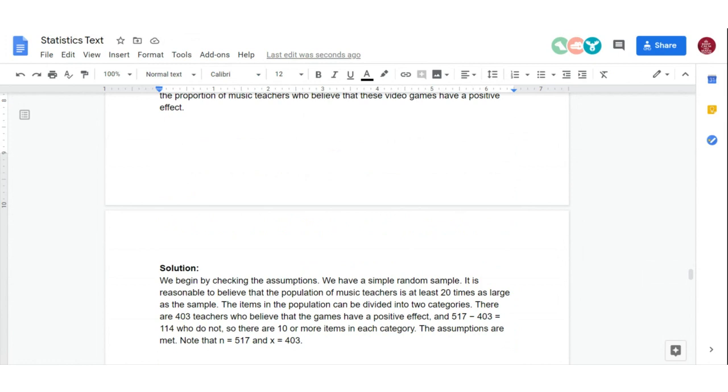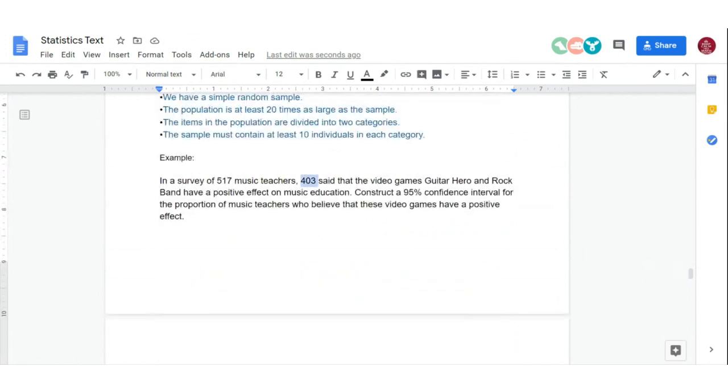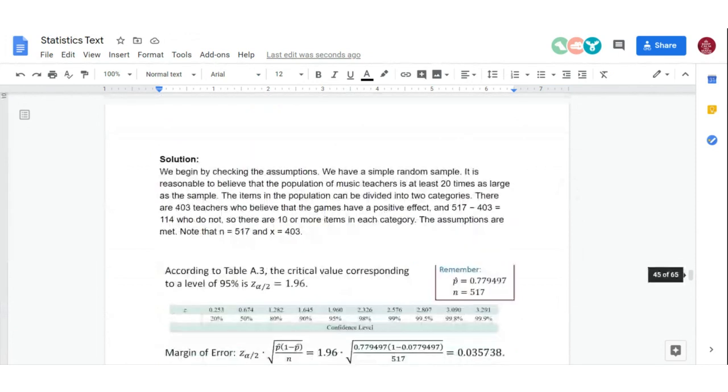Since we know that there are 403 teachers that like this video game, then there are 517 minus 403, which is 114, who do not. So that helps us see that there are at least 10 in each category, because we've got 403 in the yes and 114 in the no. So we've got the assumptions.